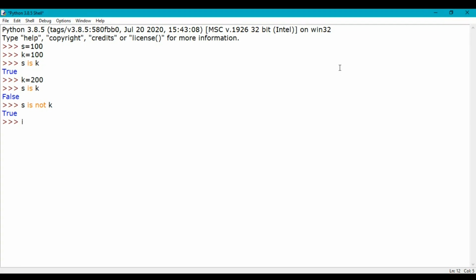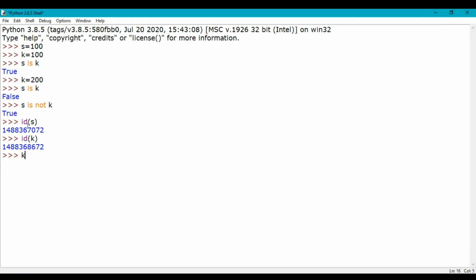So there's this function id which will give me the memory location at which the variable is pointing. So if I look at id of s, it is giving me a number. This is the memory location that s is pointing towards. And if I say id of k, it's giving me a memory location. But that is different from what I had gotten earlier. So this is why this is different and this is different, and that is why when I check if s is k, it gives me false over here.